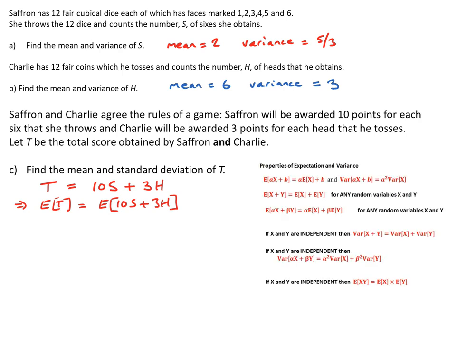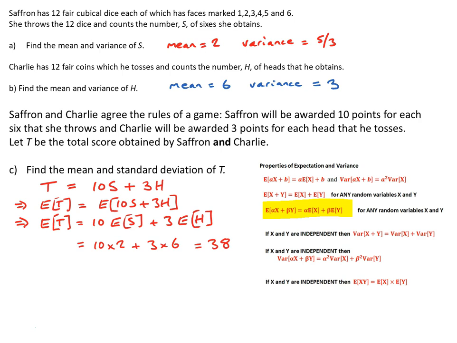And at this stage we need to remember our little list of properties of expectation and variance. The expected value of 10S plus 3H is going to be simply 10 times the expected value of S plus 3 times the expected value of H. So that's 10 times 2 plus 3 times 6, which is 38.